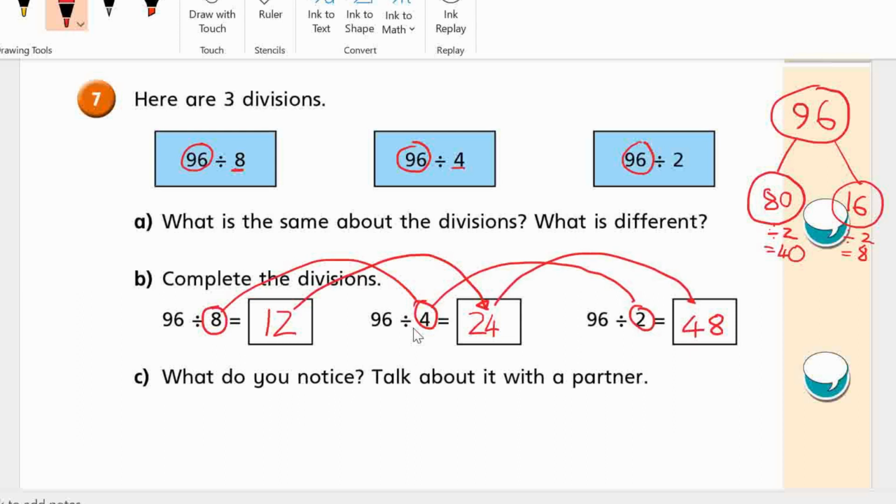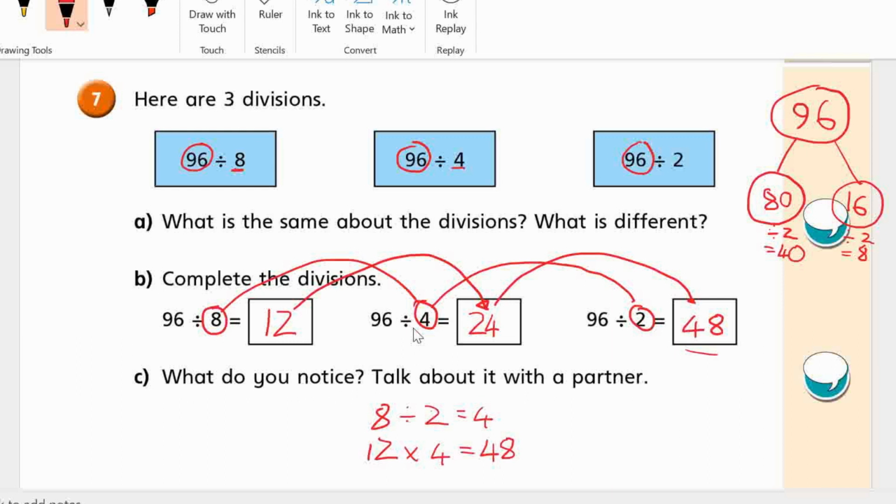Okay, and here 8 divided by 2 is what? 8 divided by 2 is 4. In other words, 12 times 4 is what? 48.